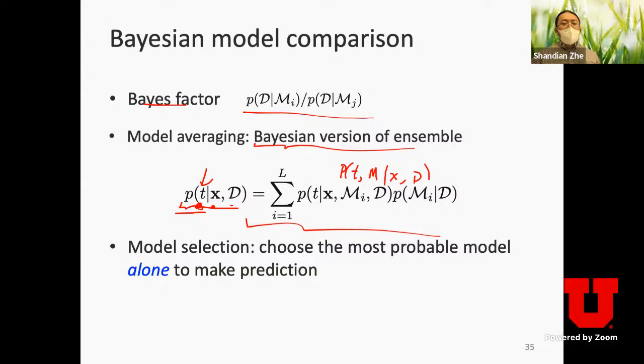This joint distribution can be further decomposed as the posterior distribution of the model itself, times, given the model, the predictive distribution given the test input. Because we usually assume a finite number of models, this marginalization is essentially a summation. So this is the Bayesian framework to perform model averaging.